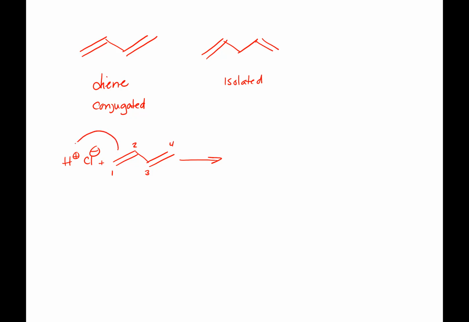So, okay, I bring out my double bond, and I now add my hydrogen to carbon 1. And I form a double bond to carbon 2. Does this have a resonance structure? Yes, so let's write the resonance structure.